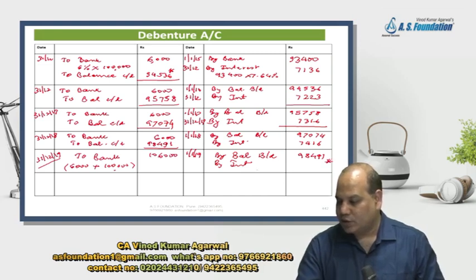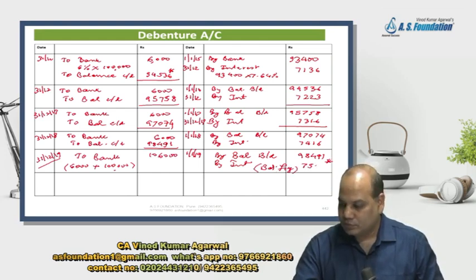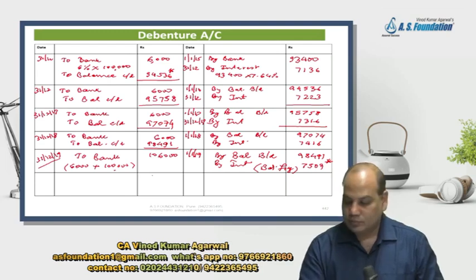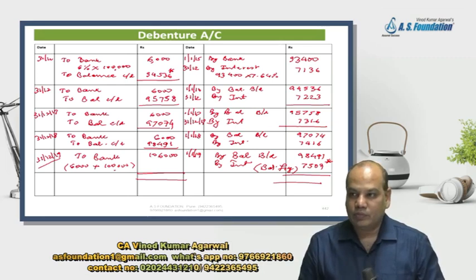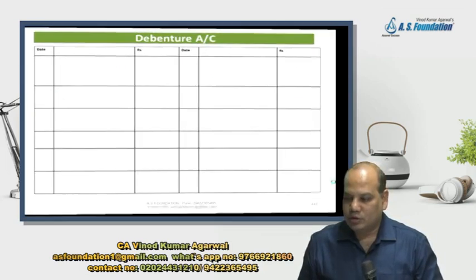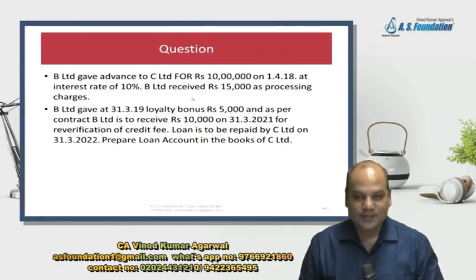Here you take interest as a balancing figure. How much? 7,509. Tallied. So how many seconds did we take? More than 30. No problem.